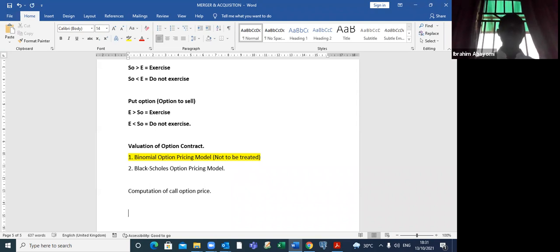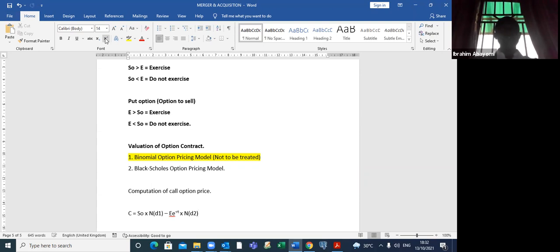Call option price is computed as C is equal to S0 times N(d1) minus E exponential raised to power minus RT times N(d2).